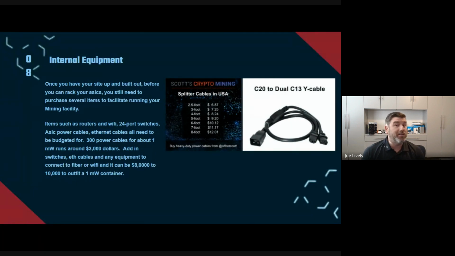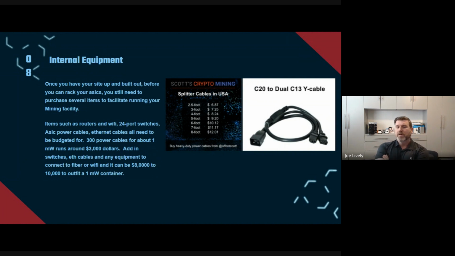Depending on your containerized solution, you may have switches in there. You're still going to have to get internet in there to begin with. So whether using 5G or fiber or Starlink, all that equipment has to be purchased and set up as part of that process. You probably don't want to be using Netgear or D-Link routers. You should be using something like Cisco or something along those lines inside of your 1 megawatt container.